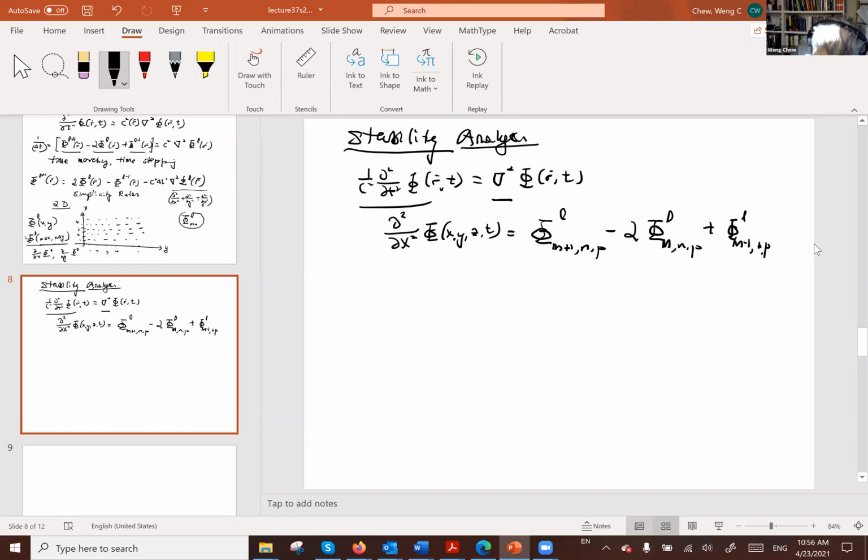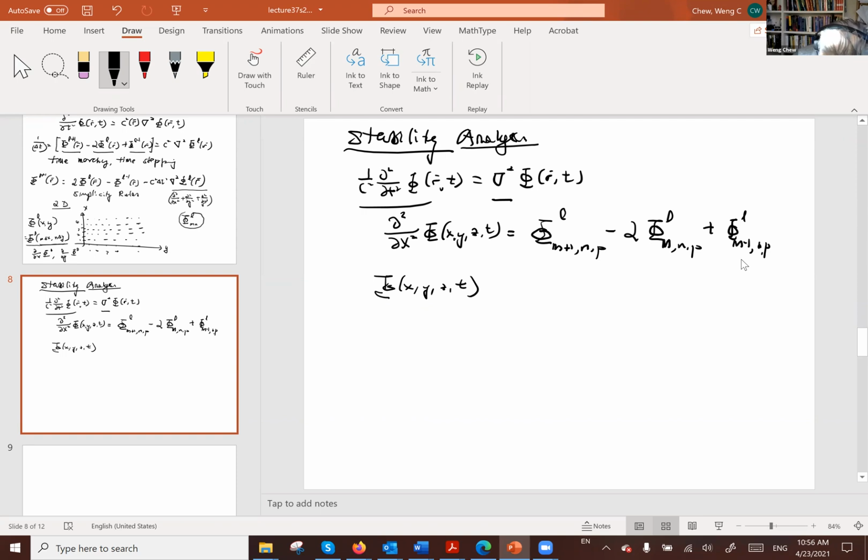And I like to ascertain how big the error is when I approximate things with the space derivative as such. Okay, let's see what happens. So in order to do stability analysis, I assume that I have a plane wave solution, that my phi of x, y, z, t is of the form of a plane wave.